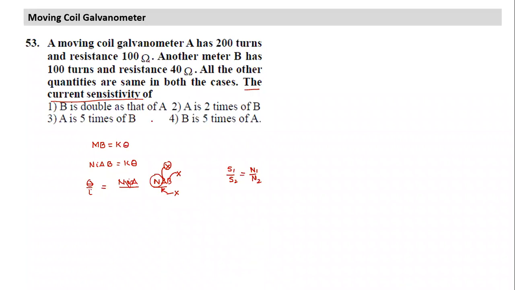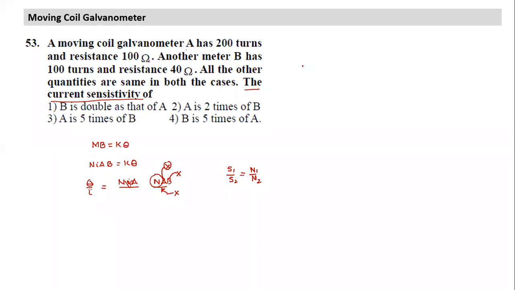So for current sensitivity, B has half the number of turns, so the sensitivity of B also will be half. A will be 2 times the sensitivity of B. So what does it mean? The same current is passed through this galvanometer.